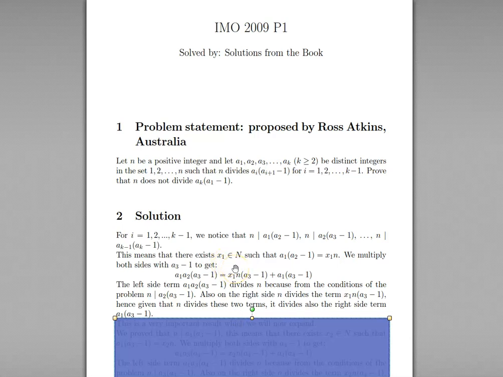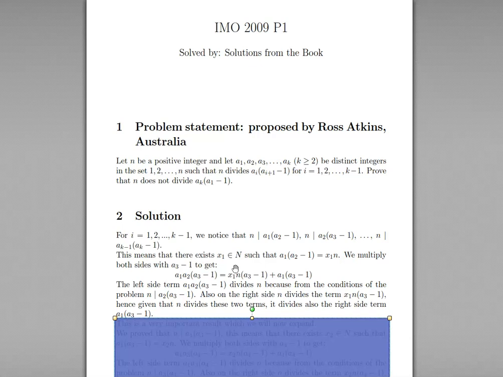Given that n divides a1 times (a2 minus 1), this means that there exists a natural number x1 such that a1 times (a2 minus 1) is equal to x1 times n.